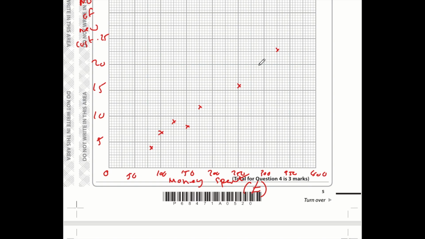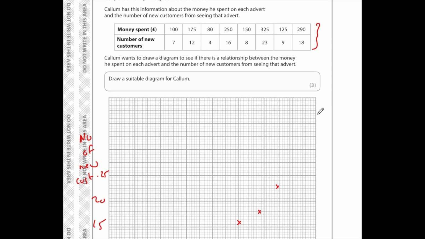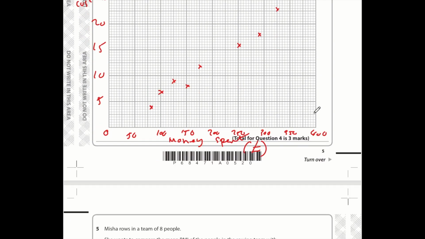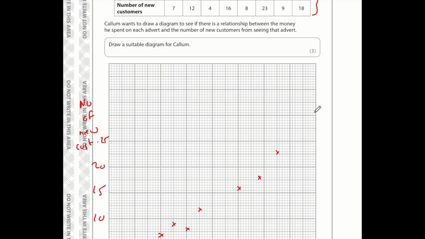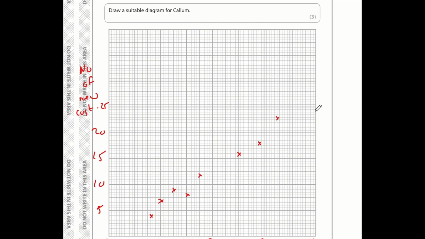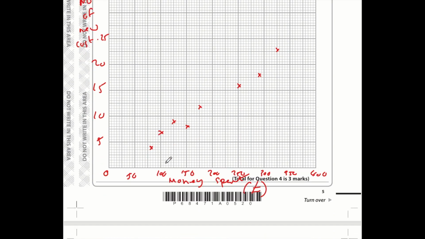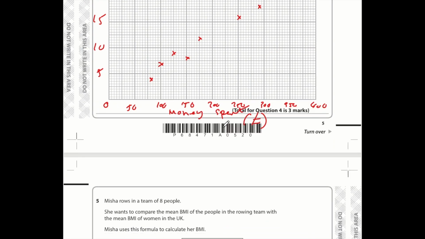There we go, done. So we've drawn a suitable diagram for Callum, a scatter graph. It doesn't ask us to comment on the relationship, but we can see there is a positive correlation. The more he spends on advertising, the greater the number of new customers, but that's not been asked there.